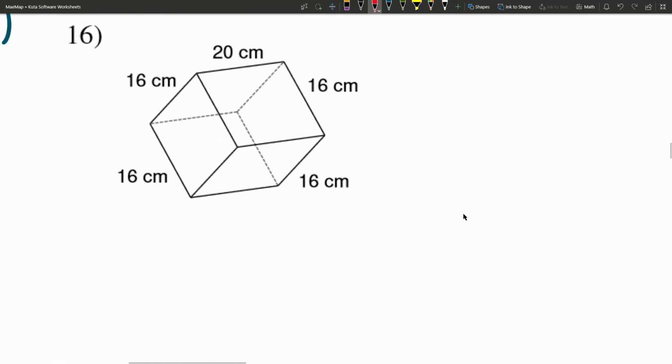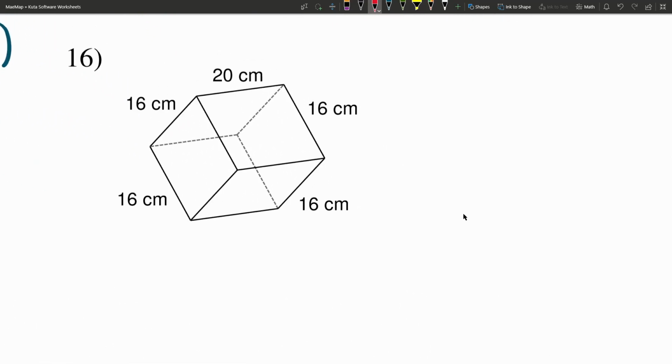In number 16, you can see we have another prism, except this time 2 of those edges have the same side length. As opposed to having 3 pairs of sides, I'm going to have 1 pair of sides that are the same, and then the other 4 will be the same. So if you notice, I have a 16 by 16 here, and then only one other side that's a 16 by 16.